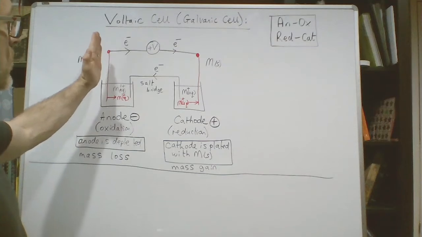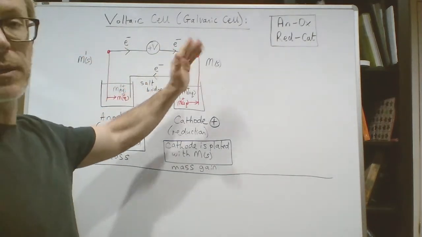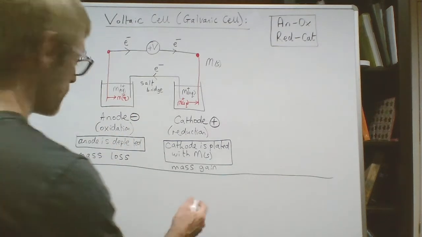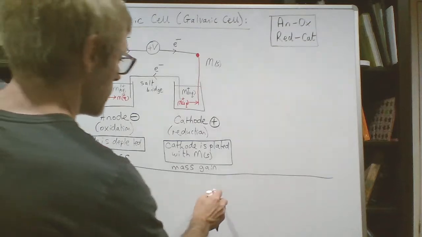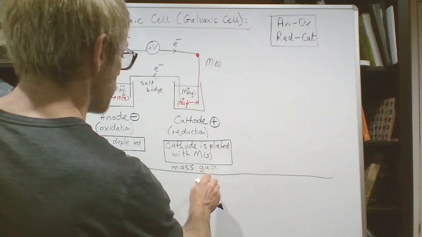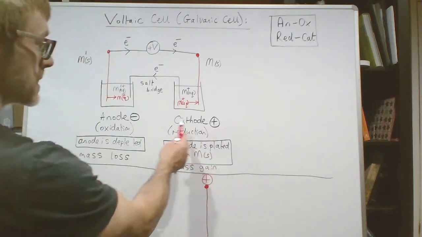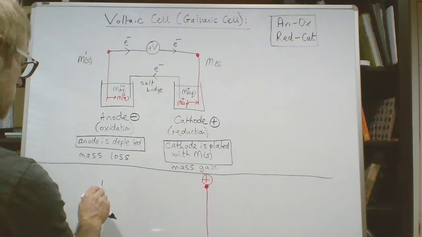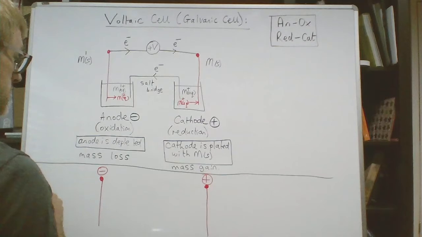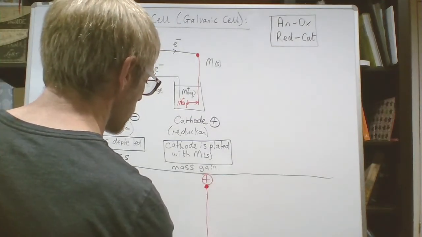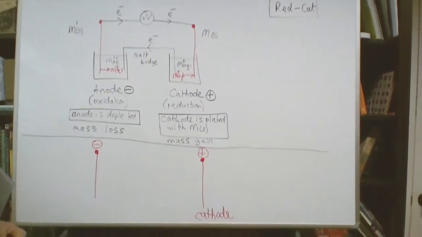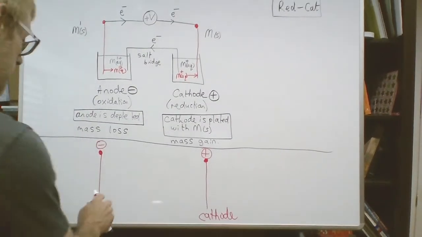If we consider this electrode and this electrode to be plates that have a positive and negative charge respectively, so I consider this electrode with its positive charge, because the cathode, versus this plate with its negative charge because it's the anode. So cathode and anode.